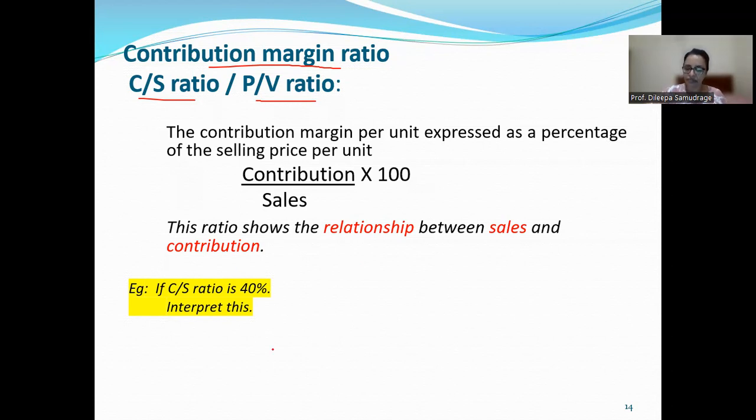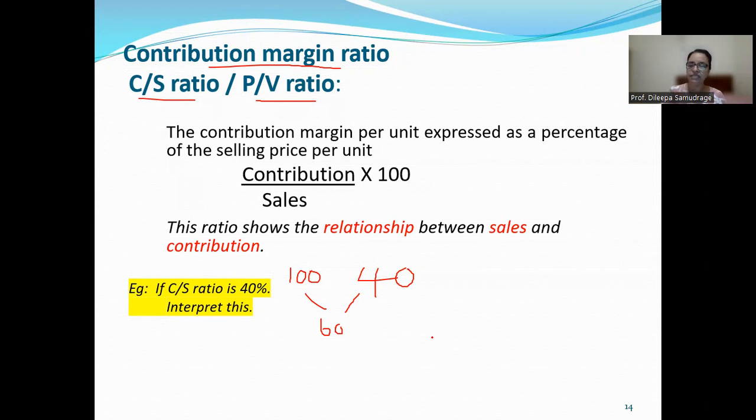When you interpret, if selling price is 100, your contribution is 40. That means the gap, 60, is variable cost. Sometimes in some questions you don't get total sales or total variable cost, so you should be able to derive those things using this ratio.